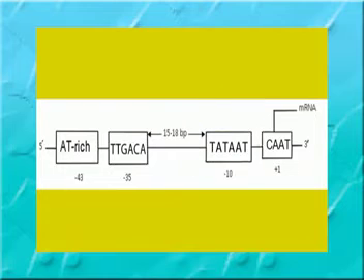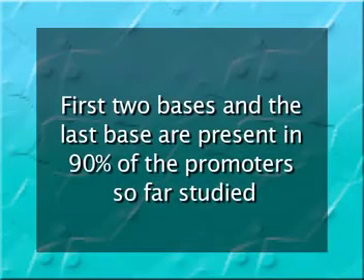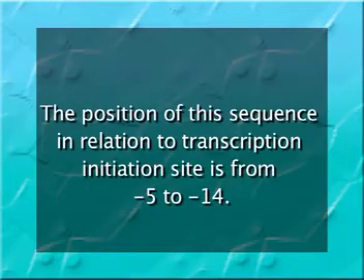The Pribnow box is absolutely essential to start transcription in prokaryotes. The first 2 bases and the last base are present in 90% of the promoters so far studied. The position of this sequence in relation to the transcription initiation site is from -5 to -14.